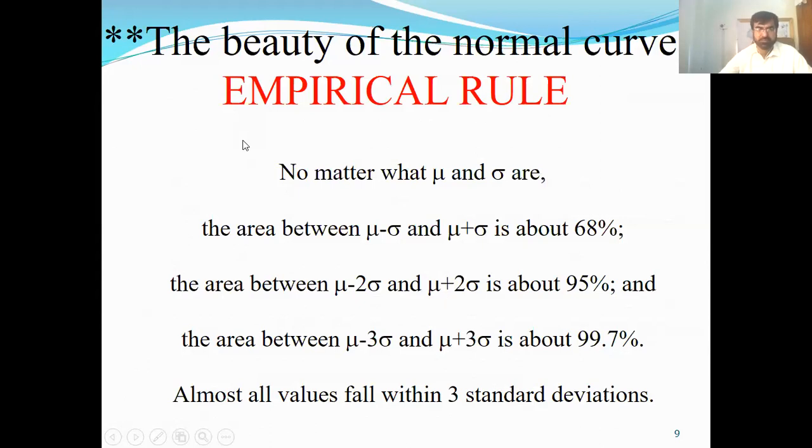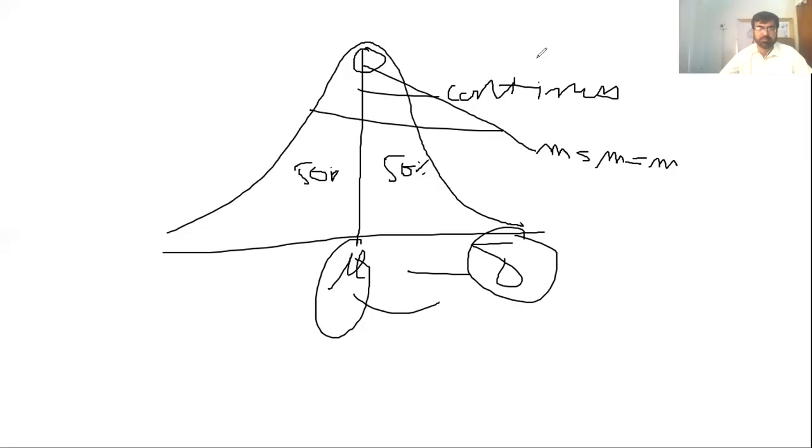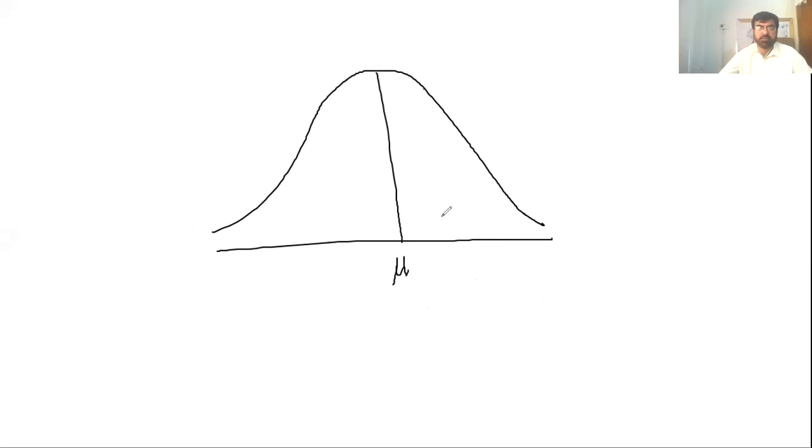Let me explain it further. This is a bell shape, and this is the mean. If you go around the mean at 1 standard deviation, that will cover 68% of the area.